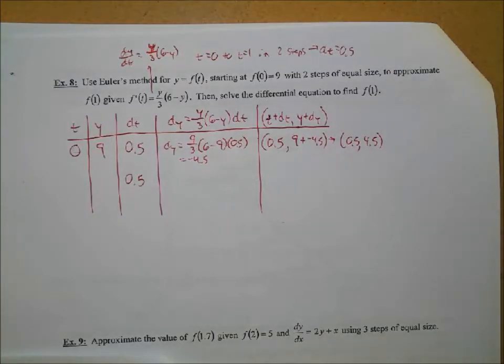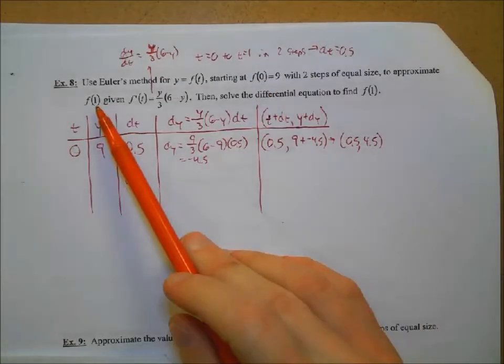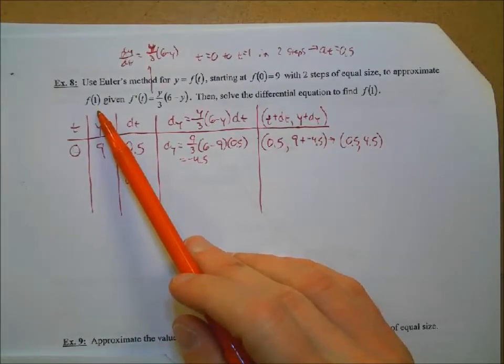So, when we're doing this method, we take the original t or the x, y, and then dt, how do we find that? dt is based off of taking our total interval. So we're trying to go from a t value of 0 to a t value of 1, and then dividing that total interval by the number of steps. 2 steps in this case, right? 2 steps of equal size.